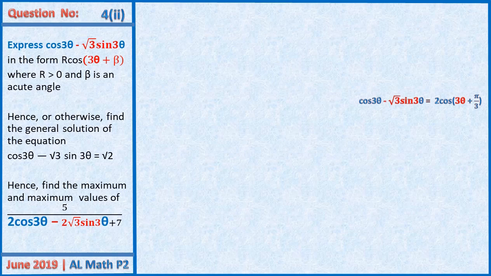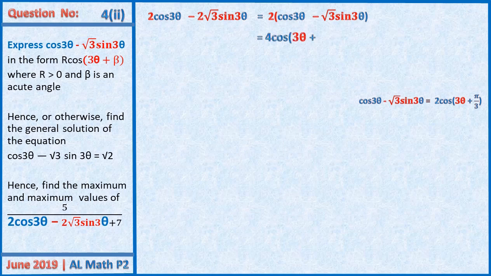So working with this, 2 cos 3 theta minus 2 root 3 sine 3 theta is the same as, when I factorize, 2 times my previous answer, which is shown on the right hand side. So I have 2 times that previous answer now gives me 4 cos (3 theta plus pi on 3). 4, because 2 times what we have now gives us 4.